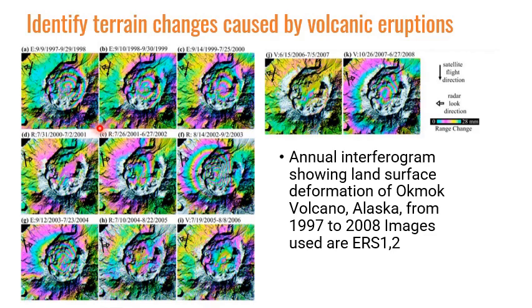So you see the fringe change from this one to this one, and the last one, 2007 to 2008, the fringe is absolutely different compared with this one. So this is the method for detecting volcanic eruption over the long gap from 1997 to 2008.